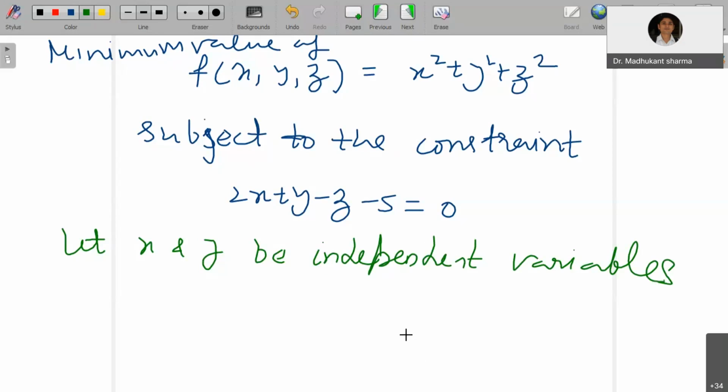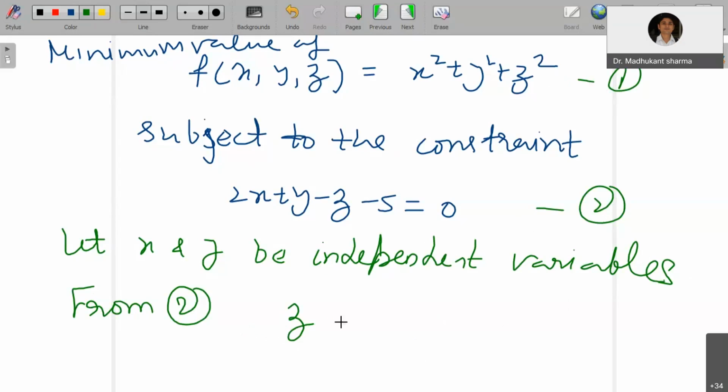Let's say this is 1 and this is 2. So from 2, we have z equals 2x plus y minus 5.